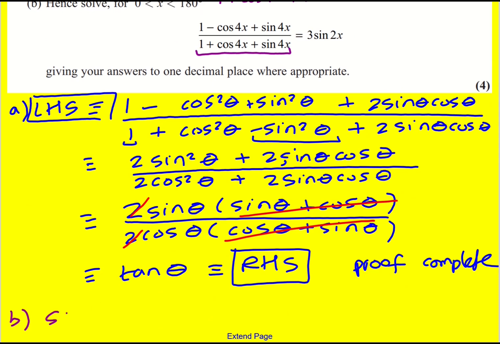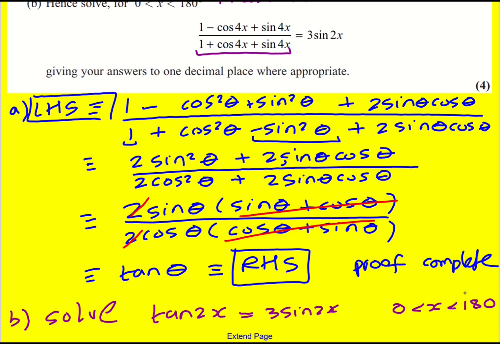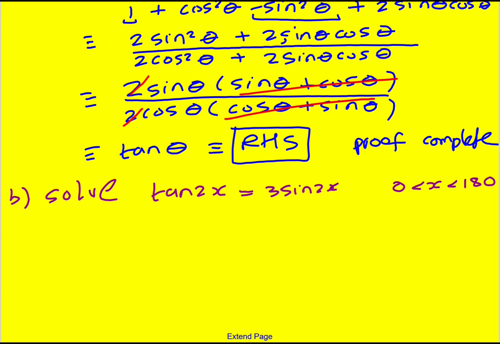So I want to actually solve tan 2x equal to 3 sine 2x for 0 to 180. No, we're not actually including 0 or 180 and giving our answers to one decimal place. Okay, so now I'm going to write tan 2x as sine 2x over cos 2x is 3 sine 2x, multiply through by cos 2x.